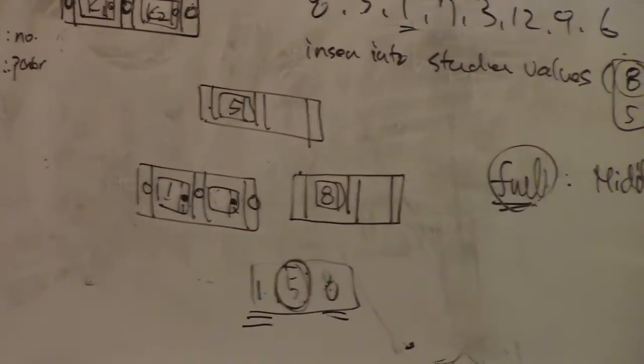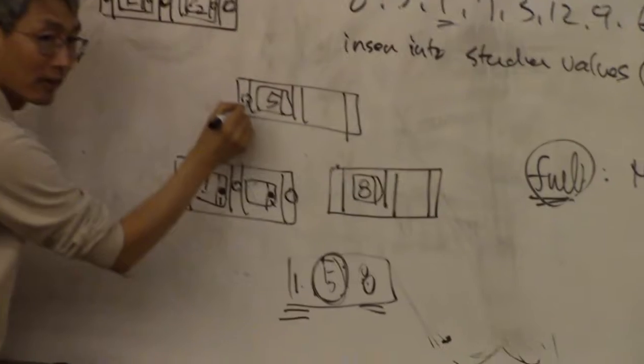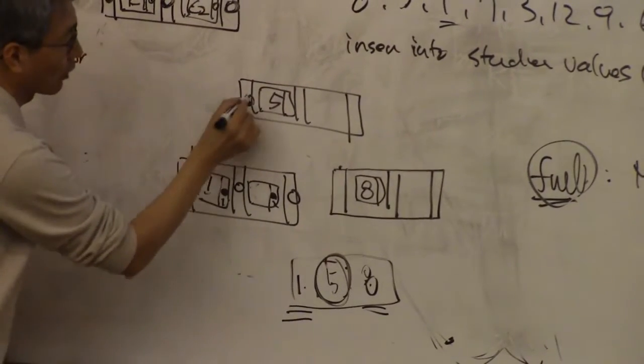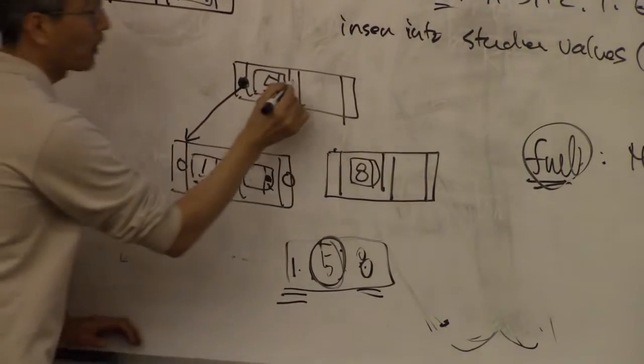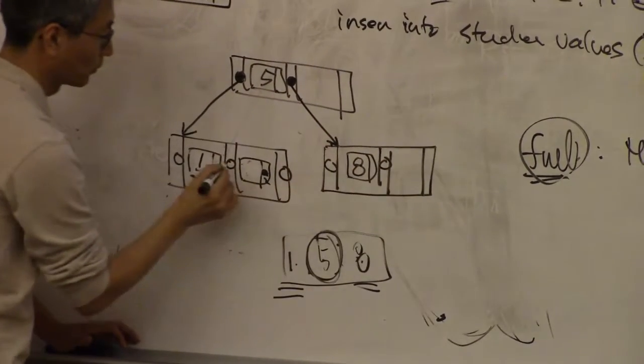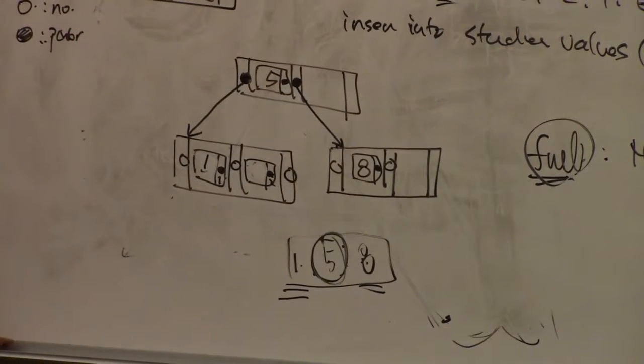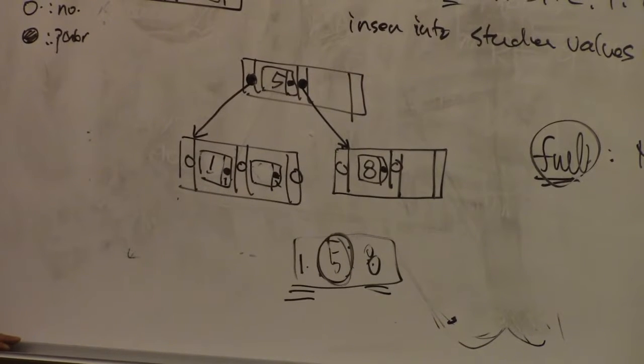Not done yet. Then we need to reorder the pointers. For example, less than 5, go to here. So this is solid. Bigger than 5, go to here. Like that. So, is it balanced?